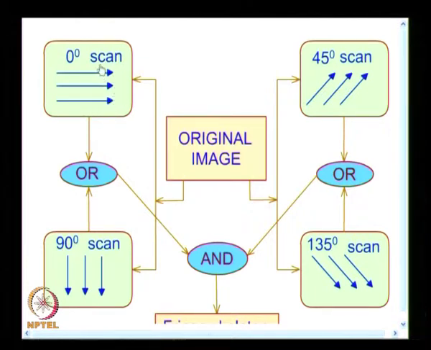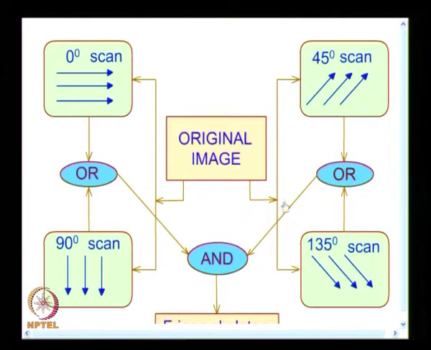We have looked at fringes which are vertical. This scan alone can provide you the complete skeleton when the fringes are vertical. On the other hand, when I have fringes which are horizontal, the 90-degree scan alone can provide you the fringe skeleton. But in a generic image, what we found was that I need a 0-degree scan, a 90-degree scan, a 45-degree scan as well as a 135-degree scan.